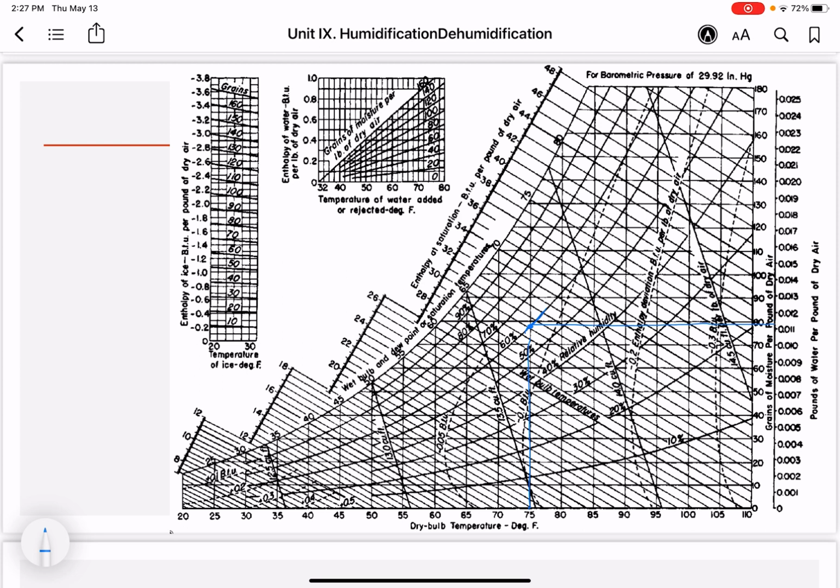So, it's between 0.011 and 0.012. Since it is a little higher, H is at 0.0115.